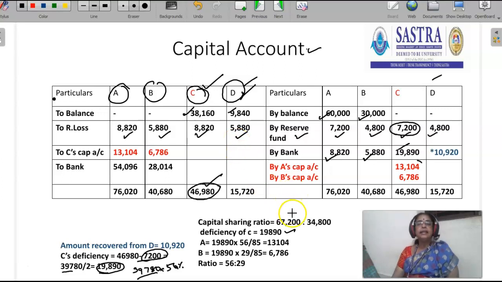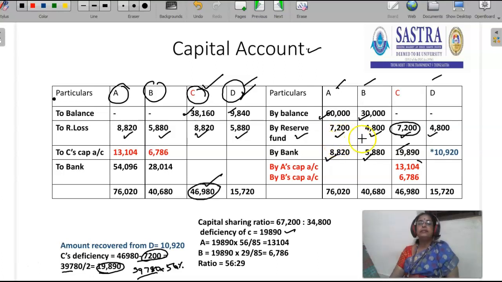So the next step is, we have to calculate the then capital ratio of A and B. The then capital ratio of A and B is 60 plus 7,200 at the time of dissolution. The capital which is standing in the firm is called the then capital.